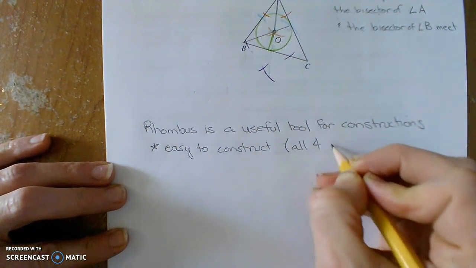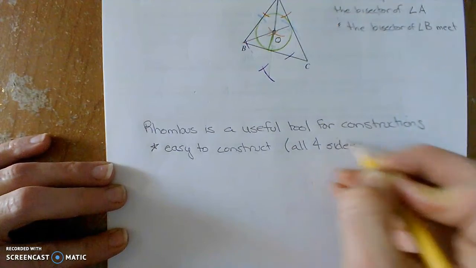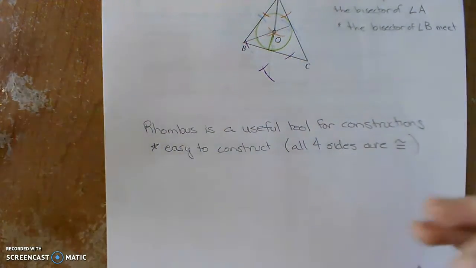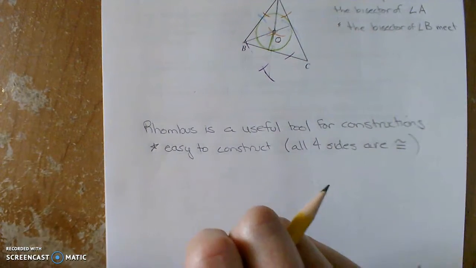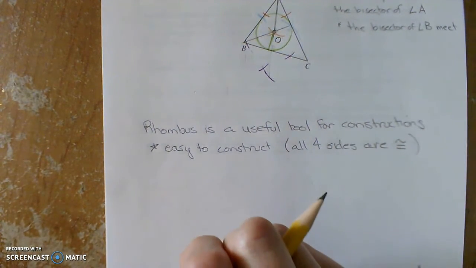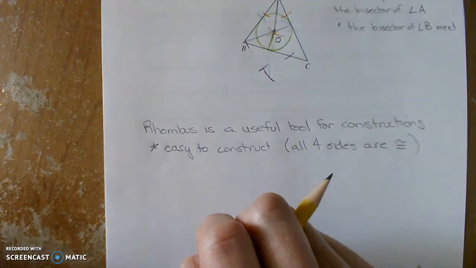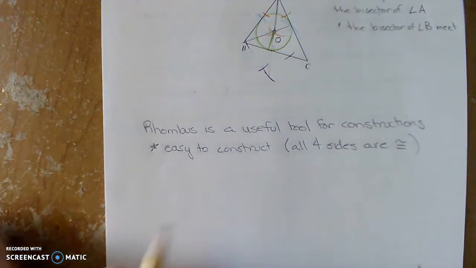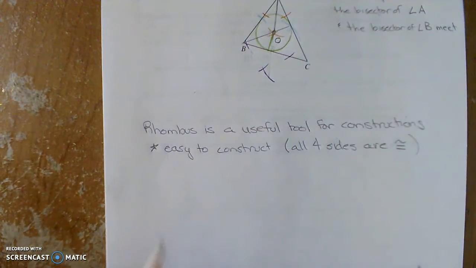All four sides are equal. Since all four sides are congruent, really all you have to do is set your compass length once and then draw a whole bunch of arcs that represent the same distance. And wherever you have intersections, that represents a vertex of your rhombus. So they're super easy to draw.